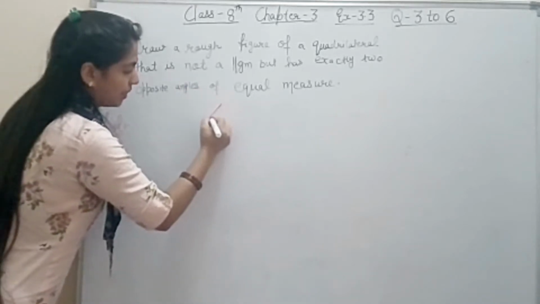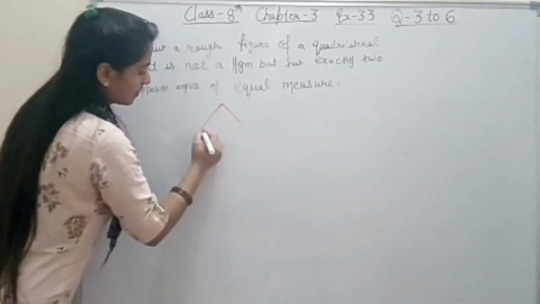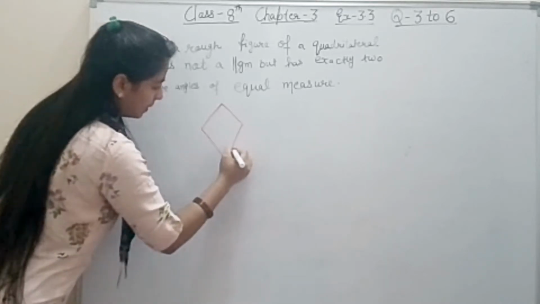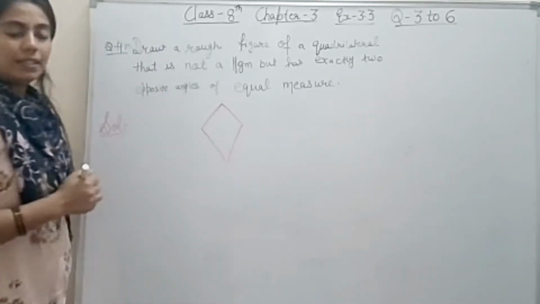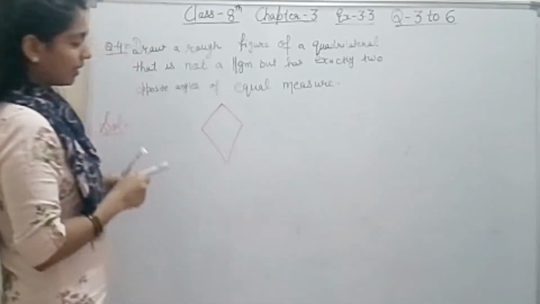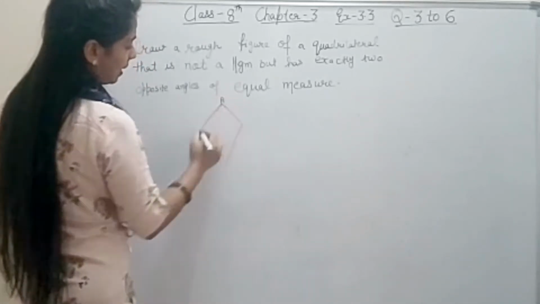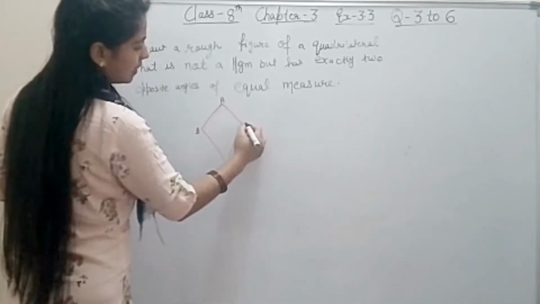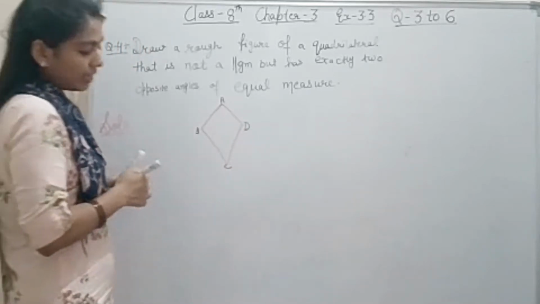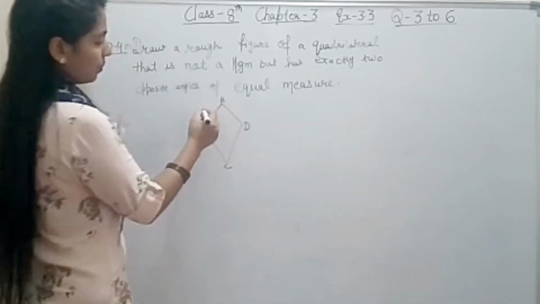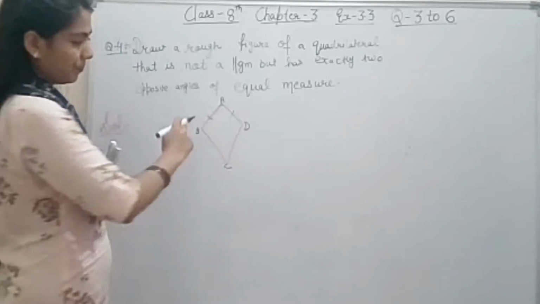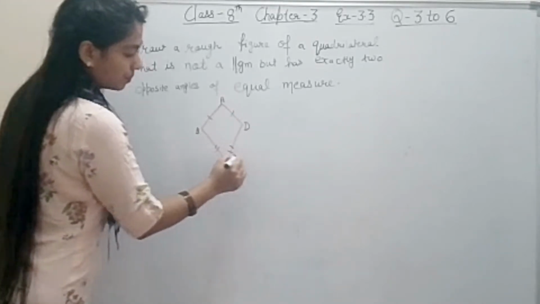See, if I draw, I told you, see this and then here. In the kite property, see, if I give names A, B, C, D. In a kite, consecutive sides are the same, these two and these two.